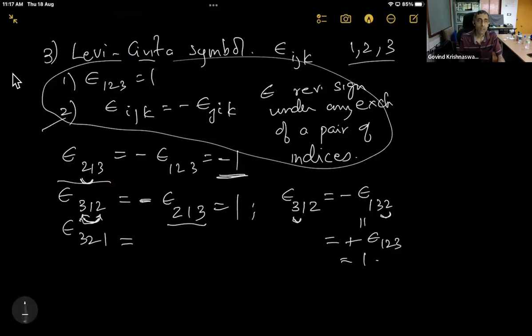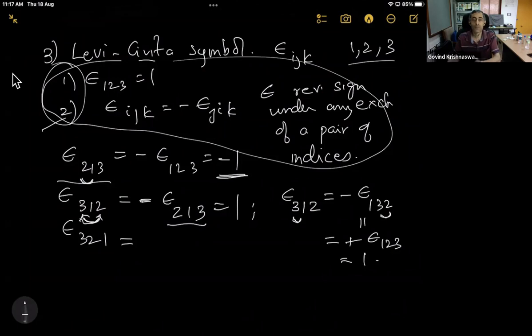However, that is a statement that you have asserted. You have not deduced it from properties 1 and 2. That requires 2, 3 lines of explanation. I invite you to do that or not use it. What you have said is entirely correct, but it needs to be deduced from here.